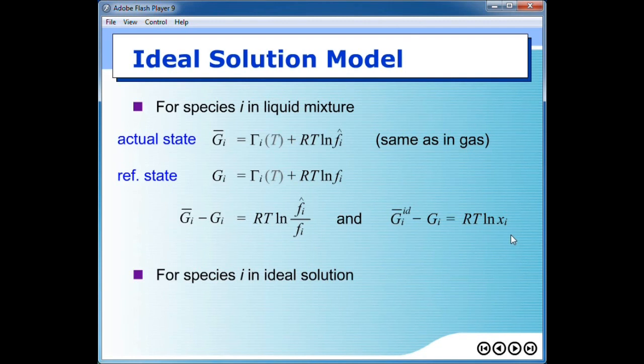If I rearrange, I get this relationship. It says that the fugacity in the mixture of an ideal solution is equal to mole fraction multiplied by fugacity in pure state. This is called the Lewis-Randall rule, which is a very important relationship that we are going to use later on.